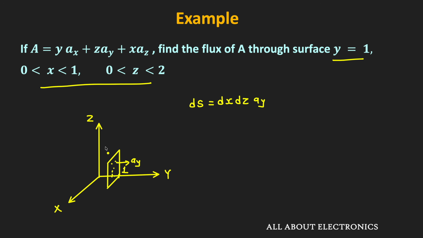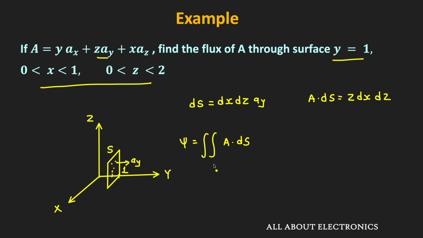And here the flux that is passing through the surface can be given as the double integration of A dot ds. If we perform this A dot ds, then we will only get one term. That means A dot ds is equal to z times dx times dz.